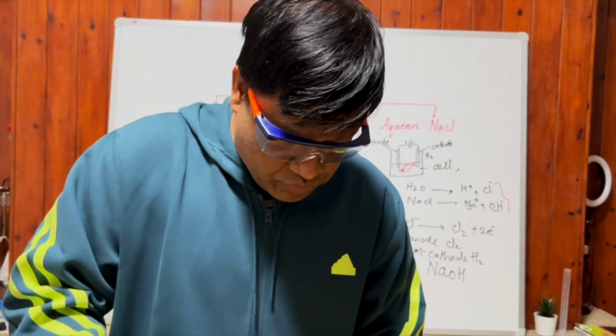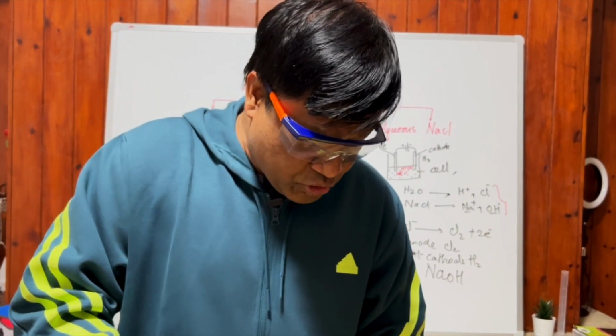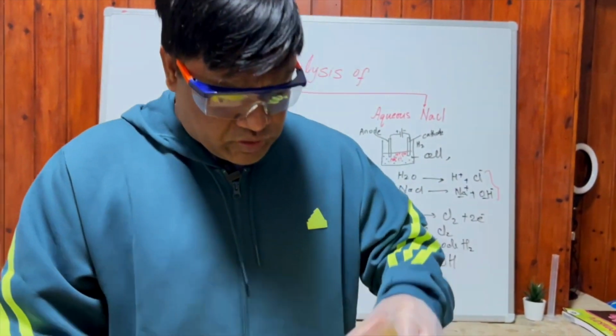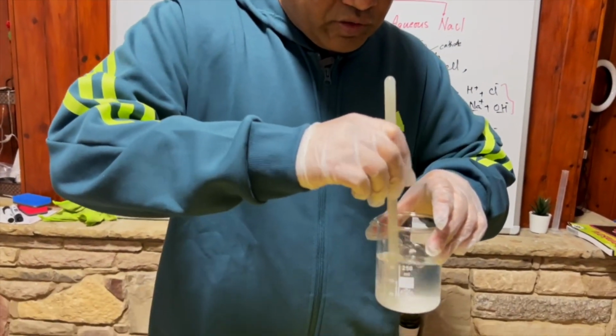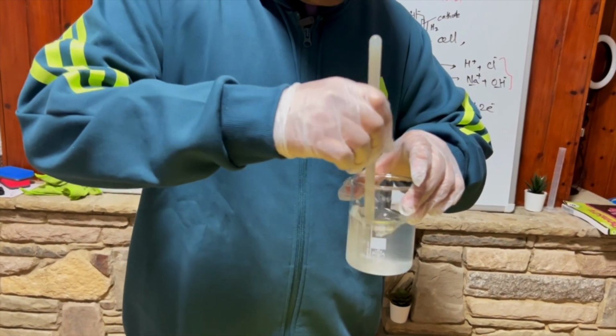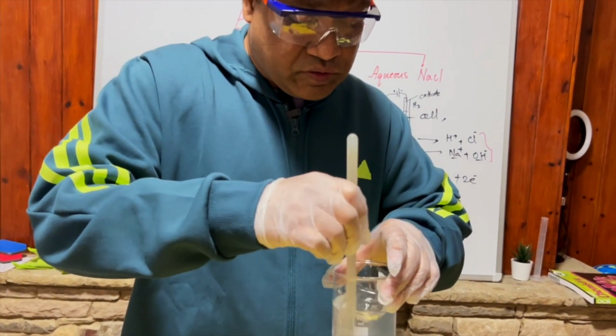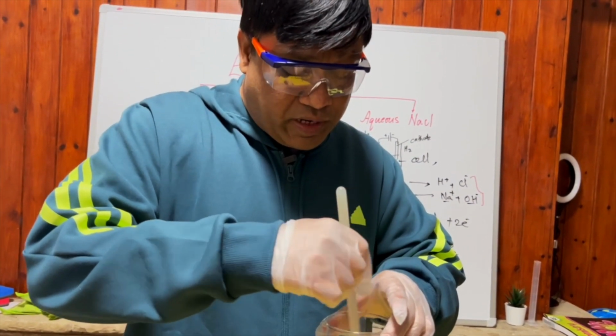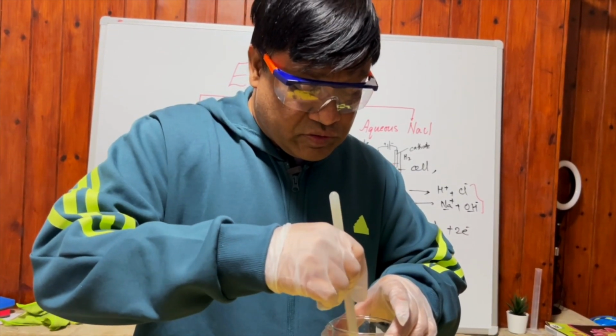Make sure that no bits are left when you stir it. Completely stir the salt to make an aqueous NaCl solution. That's my aqueous NaCl solution. Look at that.